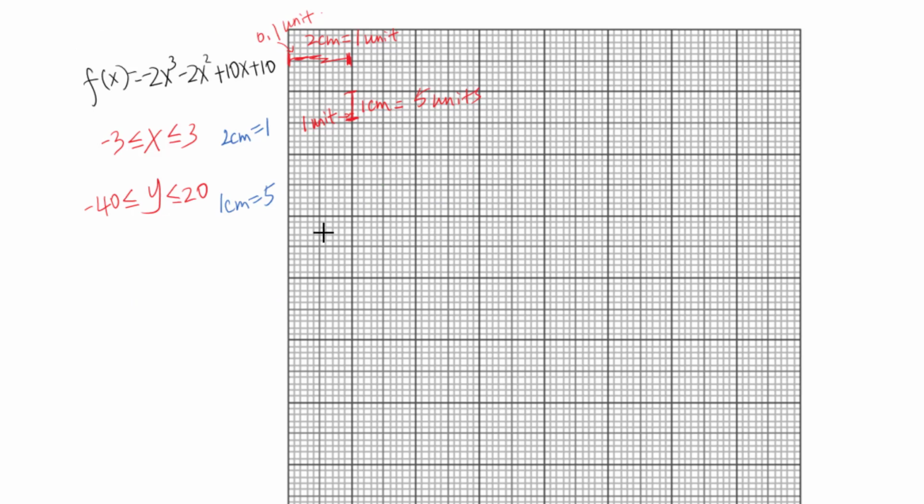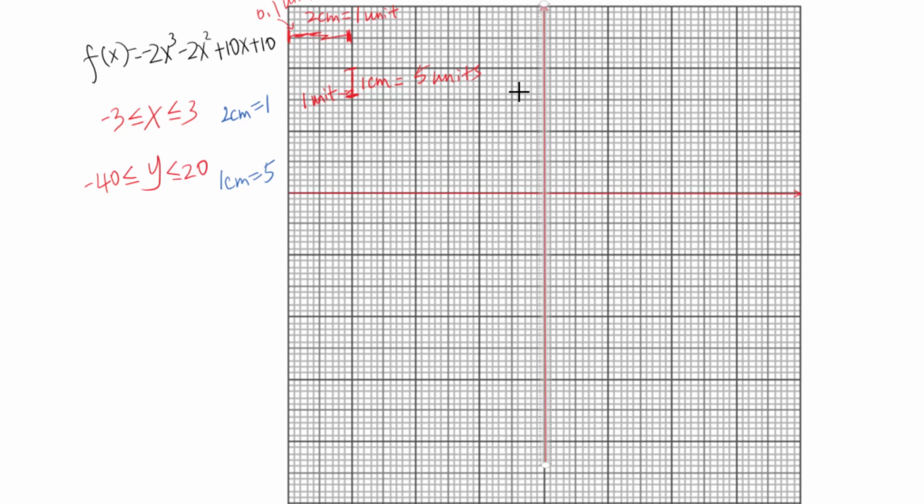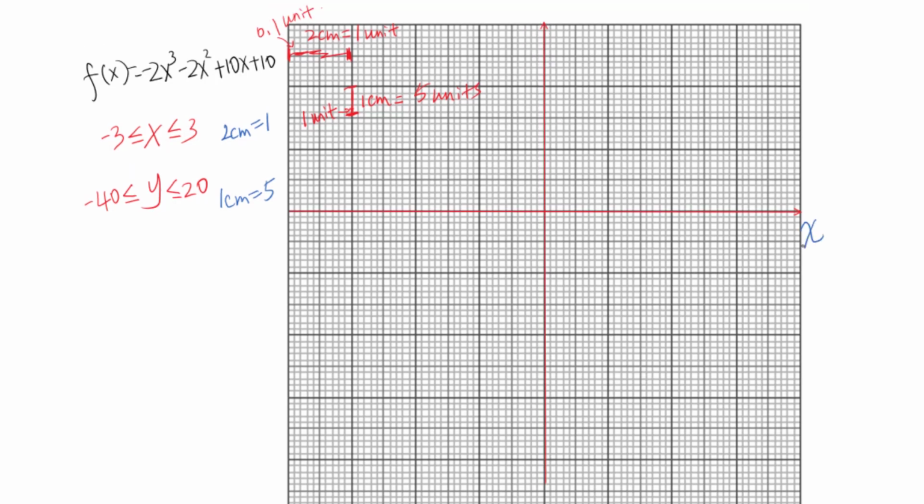So let's set up the x-axis and y-axis now. This is the x-axis. Remember, you have to use a ruler to draw the x-axis and y-axis. Label x, this is y, and here is 0. 2 centimeters for 1 unit.